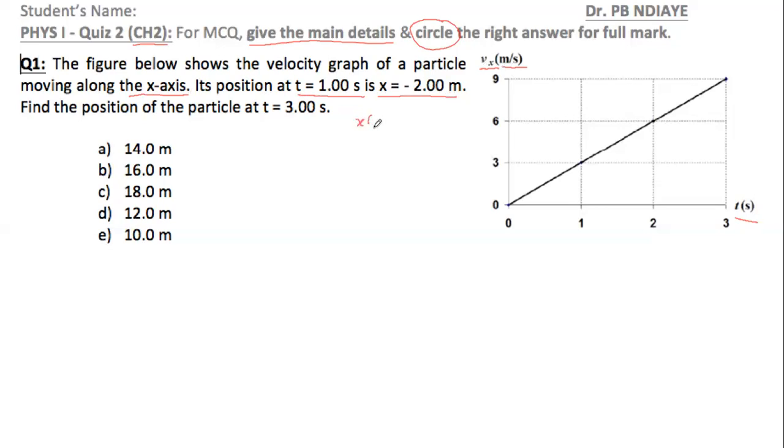So x at 1 second is -2. 1 second is here. The velocity at 1 second is 3. Question: find the position of the particle at time equals 3 seconds. Basically, find x.